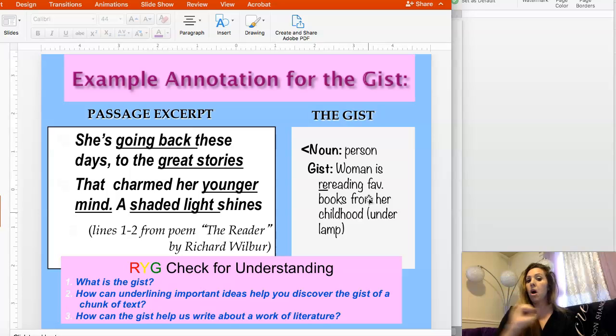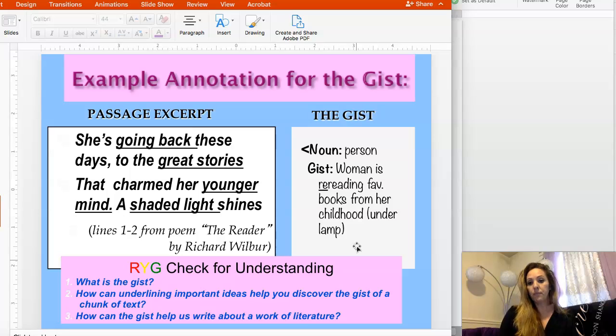I don't want to write long sentences here. So for you, it's a little bit longer right now in this example, just so you really understand my process and what I was thinking. But if this were my own paper, I would probably take out at least 2 more words. I would take out is and her. So let's read it again. Woman rereading fave books from childhood.